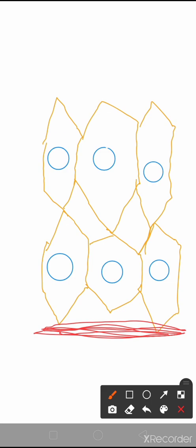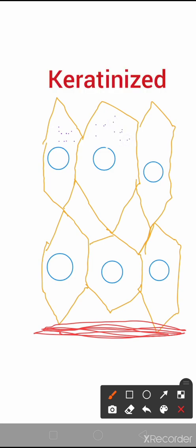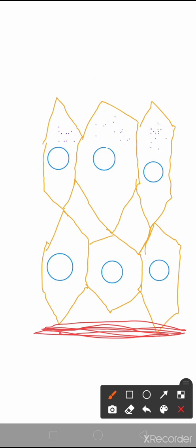When keratin is present in these upper cells, it is known as keratinized compound squamous epithelial tissue, and it is found in those places where friction is more.